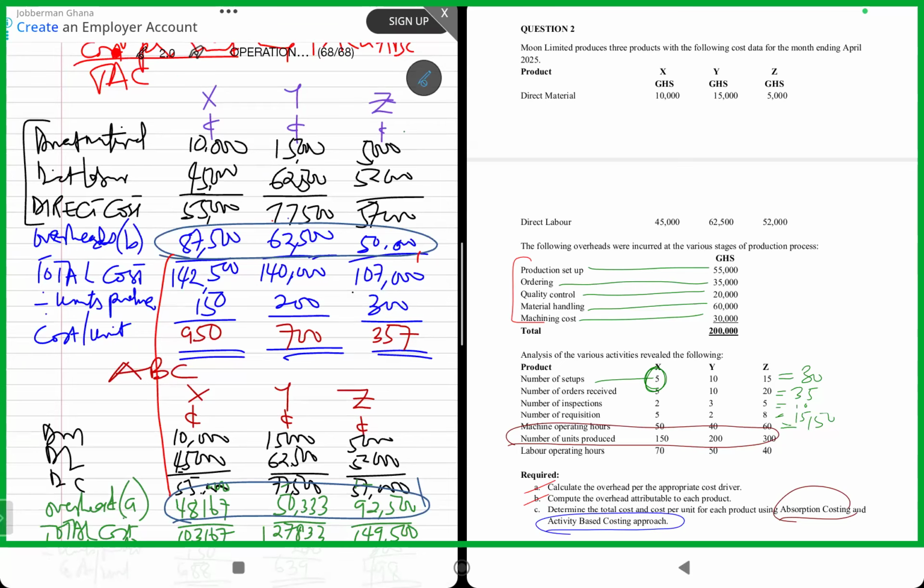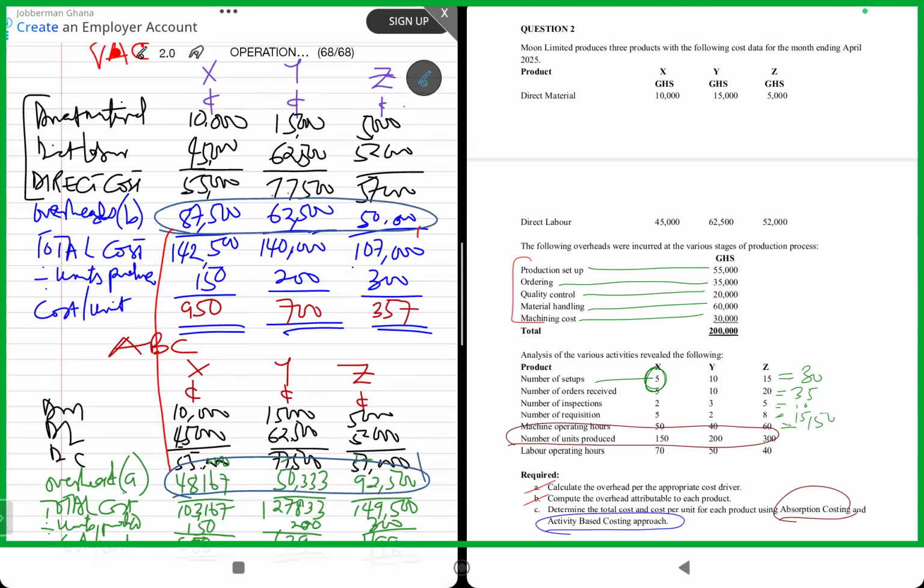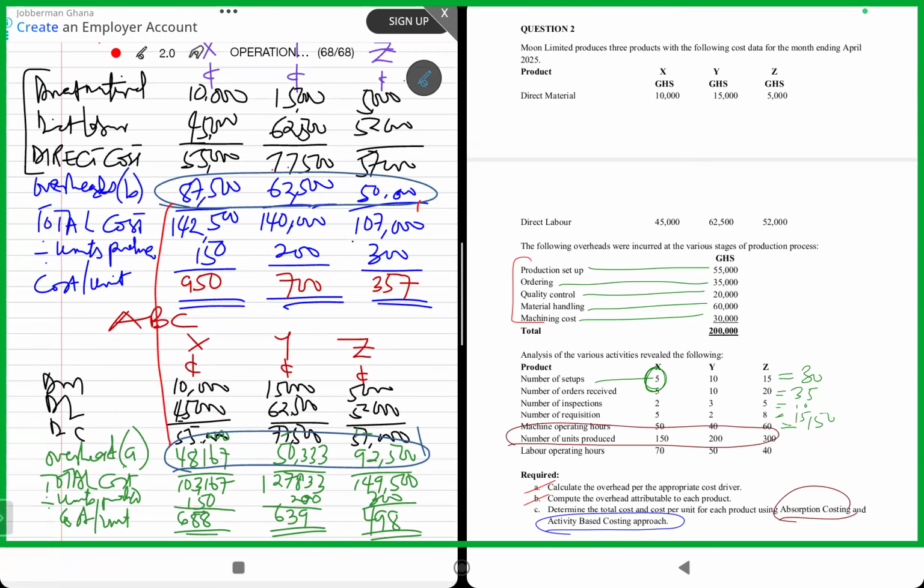Because the overheads are different, it will also lead to different cost per unit. X under traditional absorption cost is 950, and under ABC it is 688. Y under traditional absorption costing is 700, and under ABC it is 639.